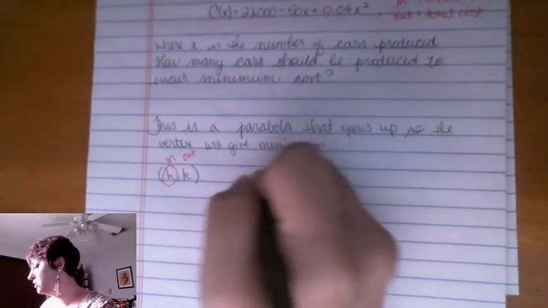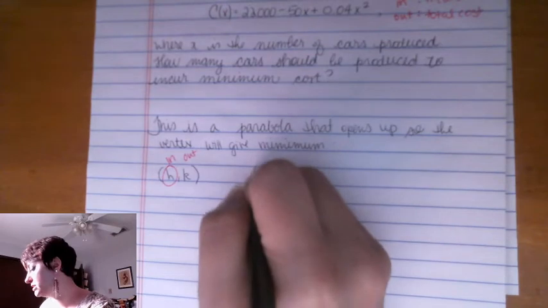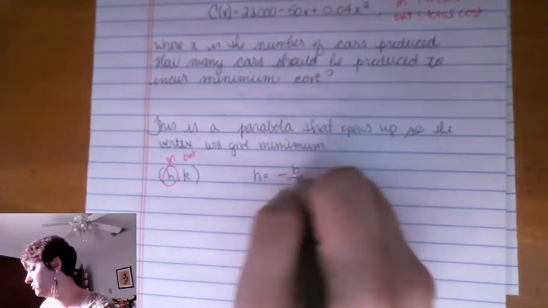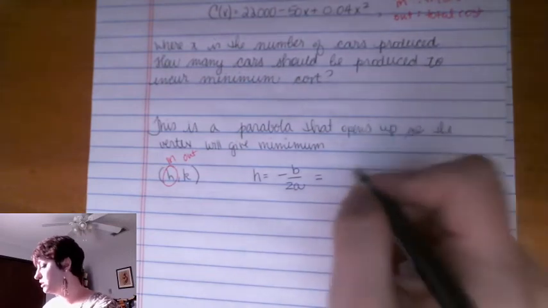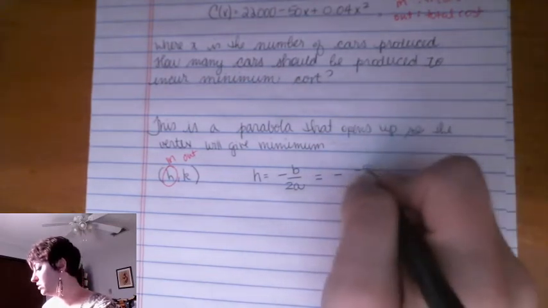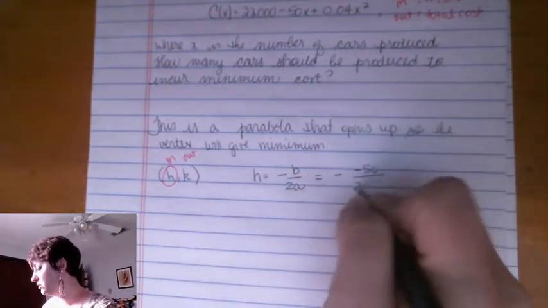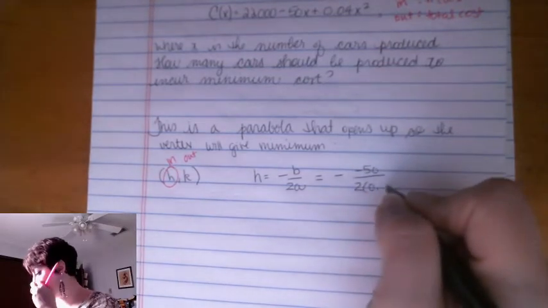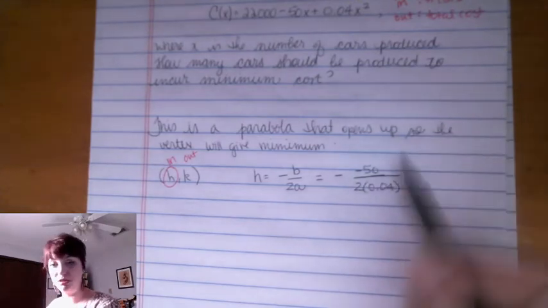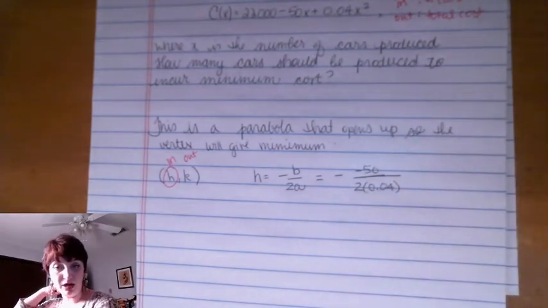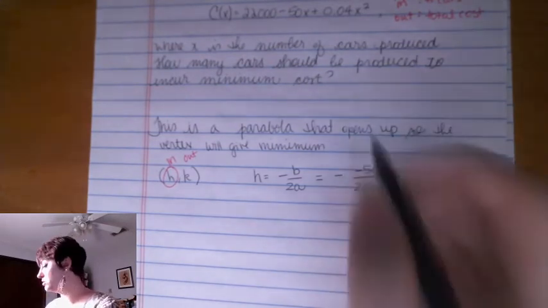Okay, so the vertex formula says that h is negative b over 2a. So negative negative 50 over 2 times 0.04. All right, so two negatives gave me something positive. That's good because I want a positive number of cars.